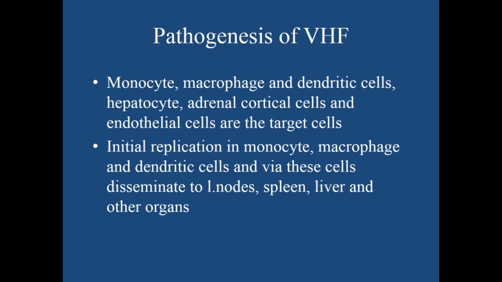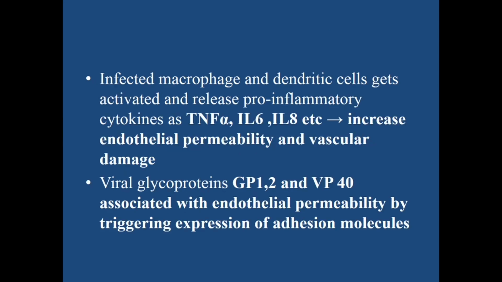Once they enter the human body, initial replication occurs in the monocytes, macrophages and dendritic cells, and via these cells the viruses are transported to different parts of the body. They disseminate to the lymph nodes, the main organs like the spleen and liver, as well as other organs. Finally, these infected macrophages and dendritic cells get activated.